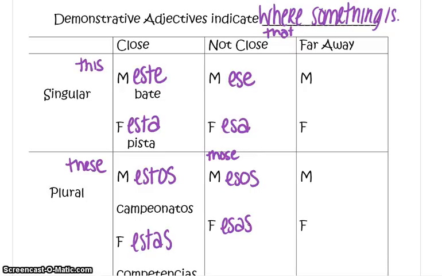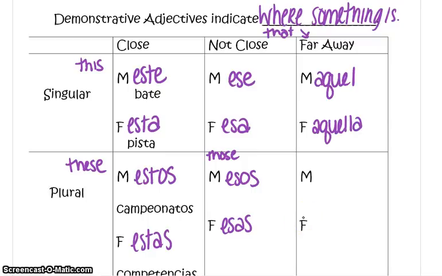And now when something is really far away, in English we still just say that. In Spanish, they differentiate. So the singular masculine way to say that, like way over there, is aquel. So aquel bate would be that bat way over there. It's far away. The feminine form would be aquella.